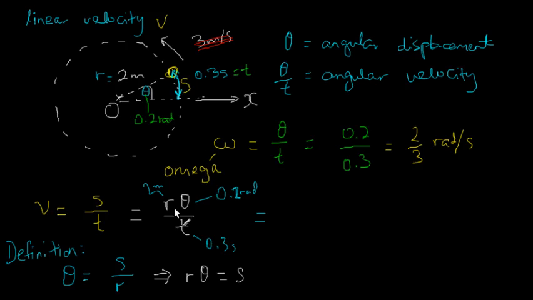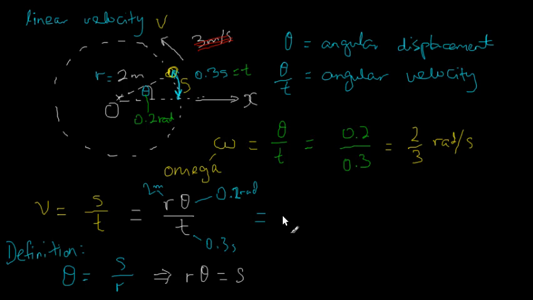But I also like to write this in terms of the angular velocity, omega, because that can be useful if I know omega instead of a particular time and angle. We know that the angular velocity is theta over t, and I have theta and t here, so theta over t is just the same as omega.